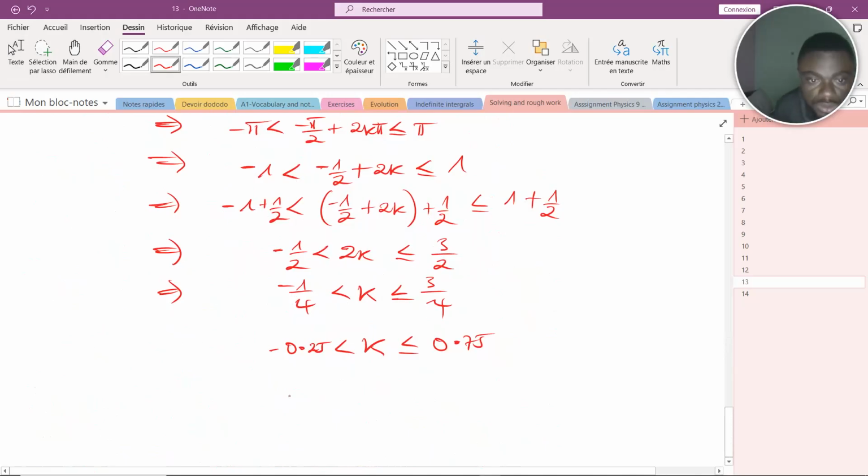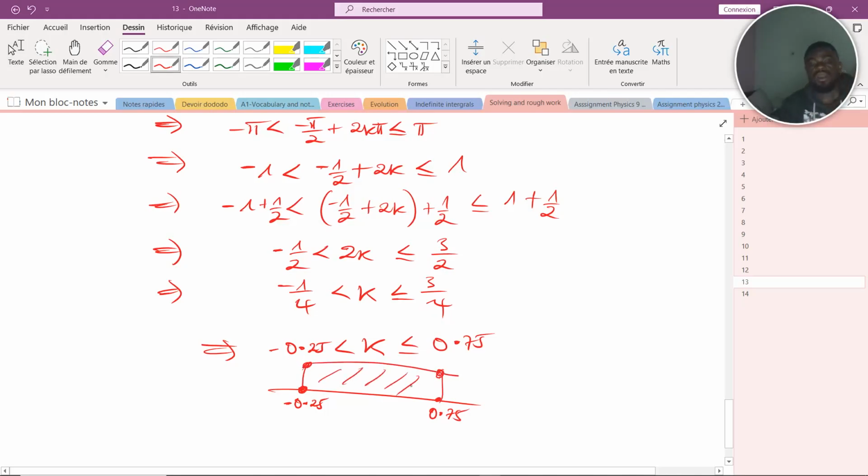So if I represent it on a number line, this is minus 0.25 and here 0.75. So this is where our integers must lie.